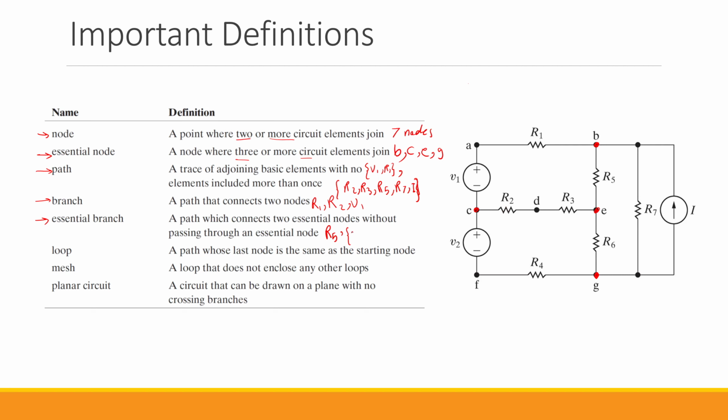Let's show it, R2 and R3. That is the essential branch that connects node C and node E. What about the branch that connects C and G? This branch is V2 and R4.